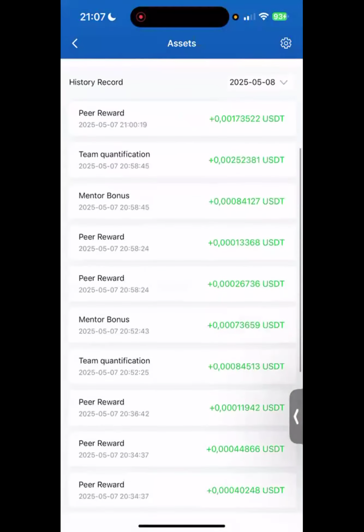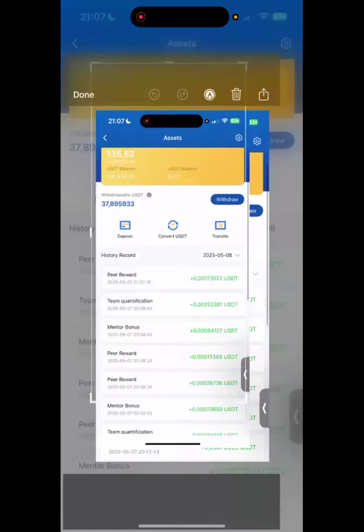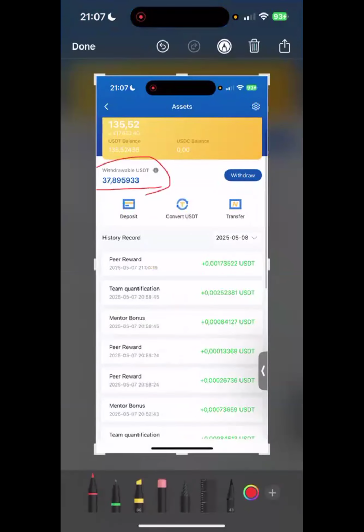Okay. So you see withdrawable. It means the difference between this and this is not yet up to 24 hours. Meaning when you deduct 37 from 135, it's going to give you 98.